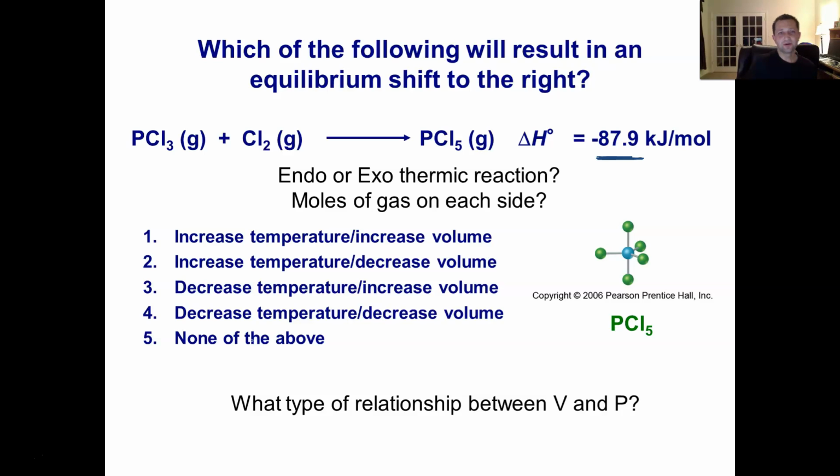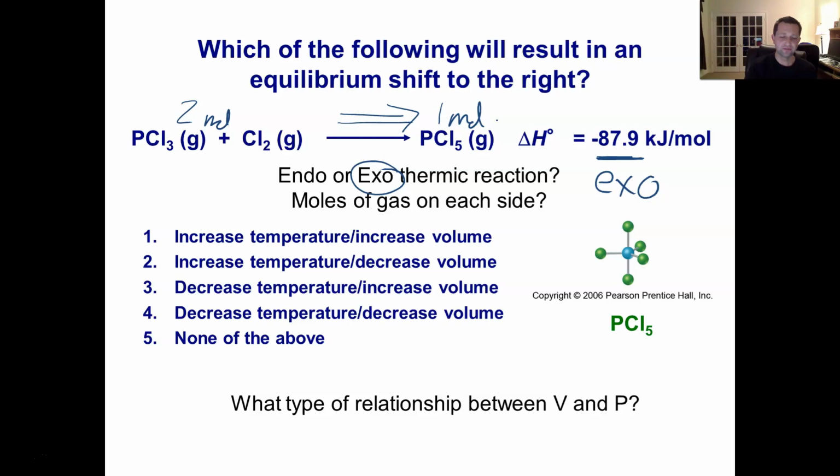Okay, so what we want to do here is shift the reaction to the product side. It's exothermic, first of all, because this is a negative H value. And we have 2 moles of gas on the reactant side and 1 mole on the product side. Let's start with pressure first. That's easier.